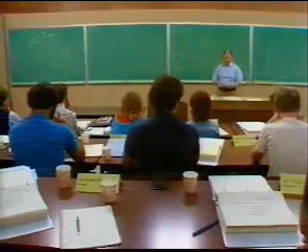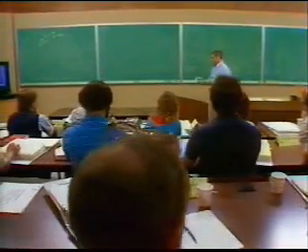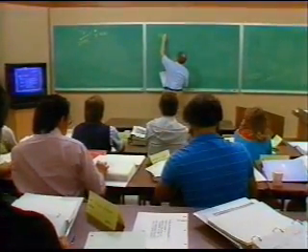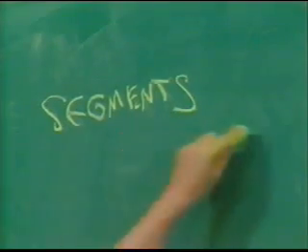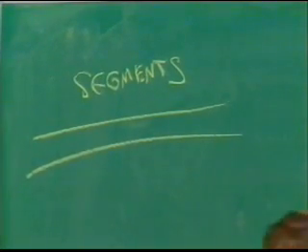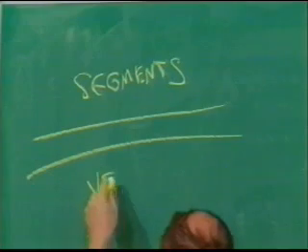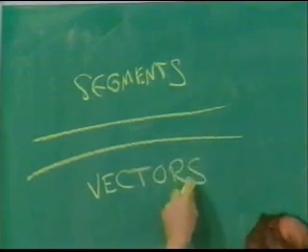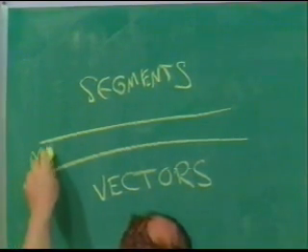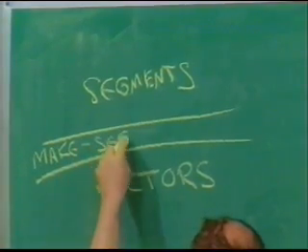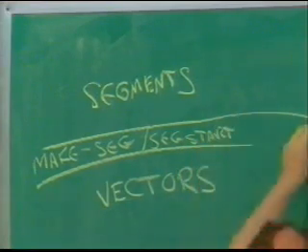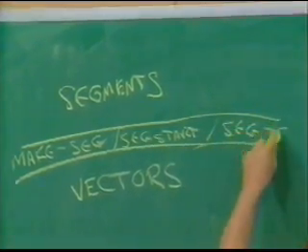And again, what we built is a layered system. Say up here there are segments. And then there's an abstraction barrier. The abstraction barrier separates the implementation of segments from the implementation of vectors and points. And what that abstraction barrier is are the constructors and selectors: make segment, segment start, and segment end.